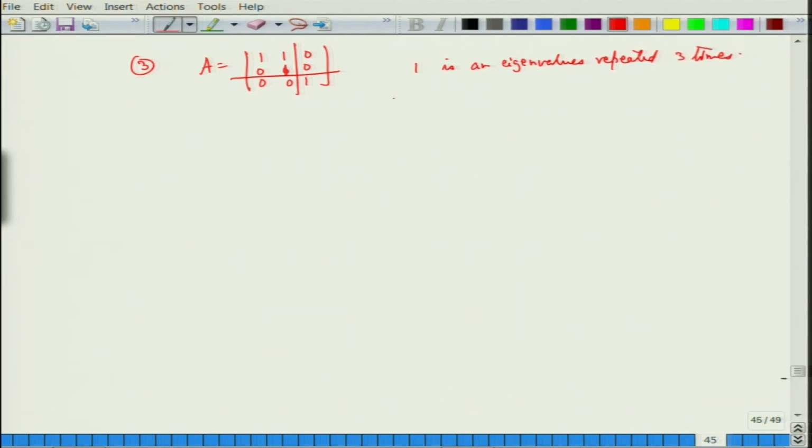So, by the Cayley-Hamilton theorem, what I can say is that (A minus I) whole cubed will be 0, because the characteristic polynomial is (x minus 1) whole cubed. This is what P of x is.